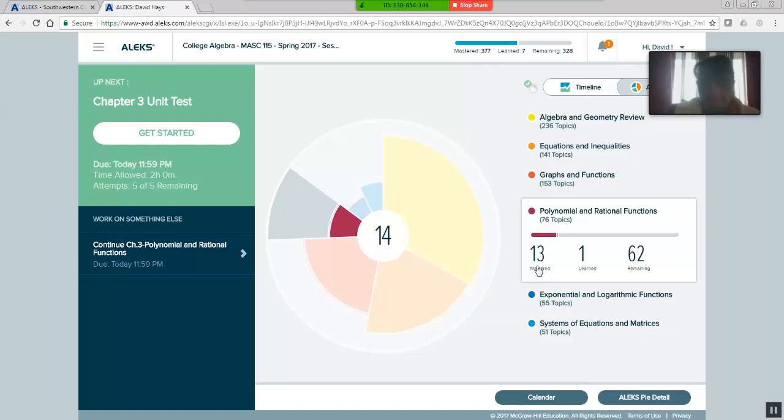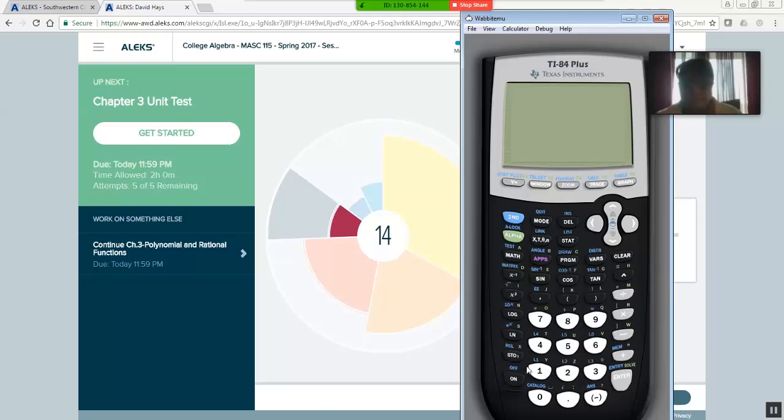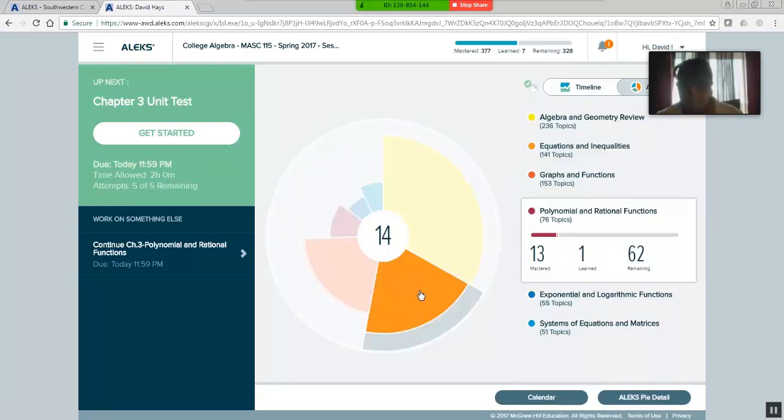So if I want to figure out how many I've mastered, or how many I've completed, you take the 13 plus the 1, gives you 14, divided by 76. And if you want it in percent, you just multiply it times 100. And that tells me I've mastered 18.42% of the topics. Does that make more sense?